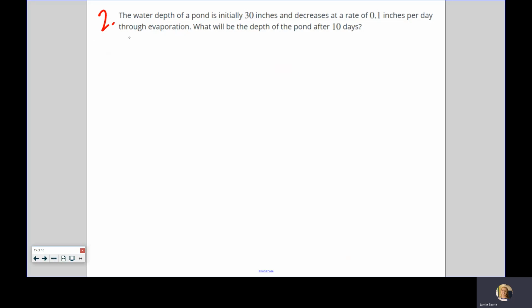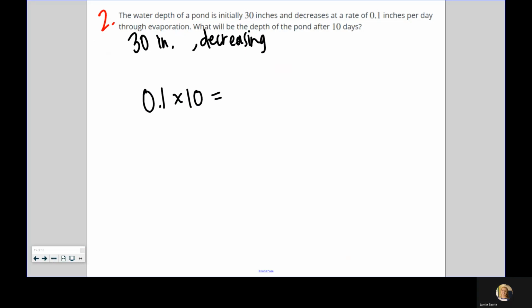All right, so right now it's at 30 inches. It's decreasing. So we know that our final answer should be something less than 30. All right, so it's going down at 0.1 inches per day for 10 days. So 0.1 times 10 is 1.